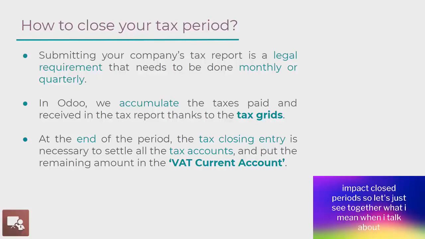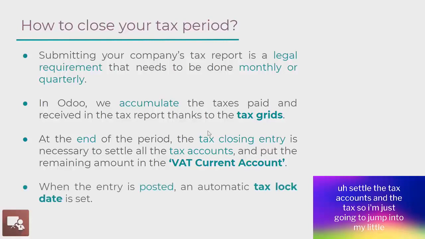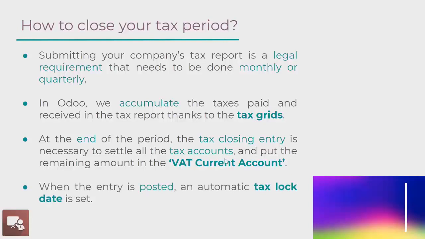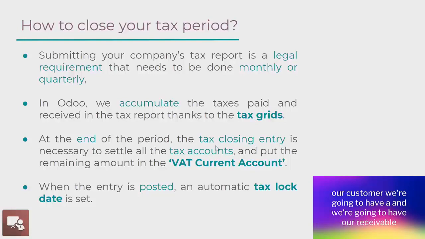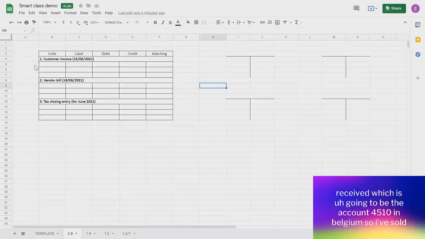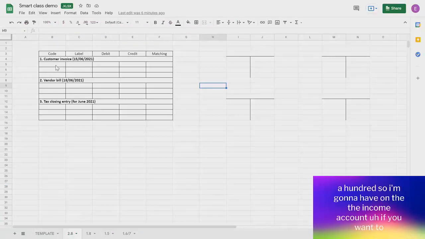The balance is brought down to zero, and of course there's going to be a remaining amount, because it never happens that you pay the same amount of tax as the tax received. And the remaining amount should go in the payable account when the entry is posted in Odoo. Automatically, you're going to have the tax lock date set to make sure that you don't impact closed periods. So let's just see together what I mean.